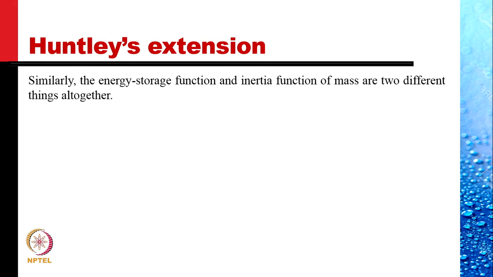Similarly, the energy storage function and the inertia function of mass are two different things altogether. Hunter argued that we could differentiate between these two functions and create two separate dimensions. In this lecture and the next, we will do examples where we use Hunter's extension and increase the number of dimensions required to express the quantities.